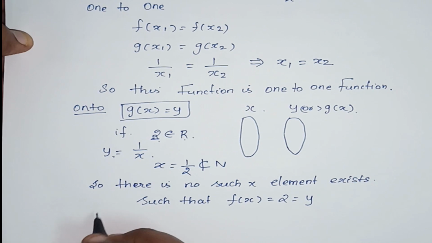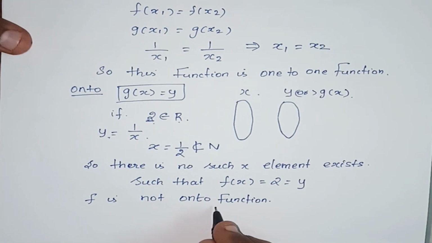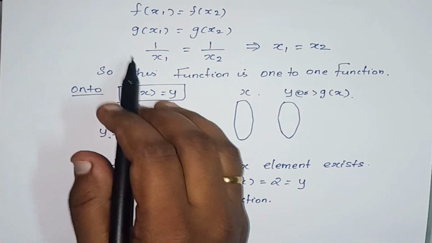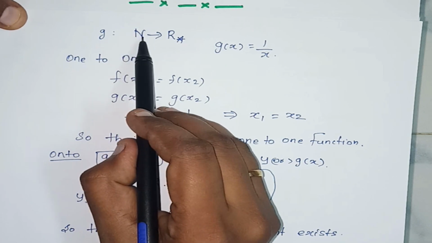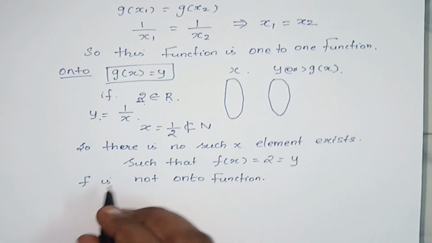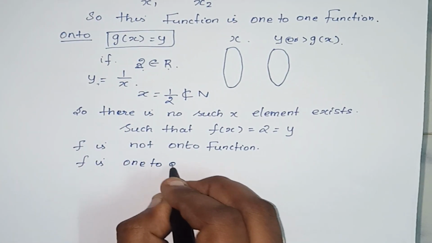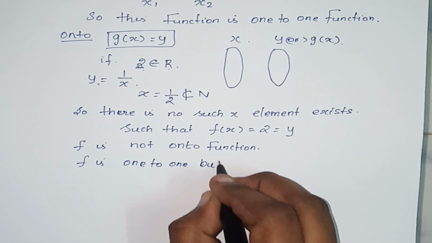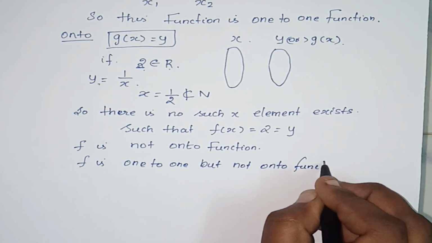Okay, so this function is not onto. So by replacing the real numbers with natural numbers, this function is one-to-one but not onto.